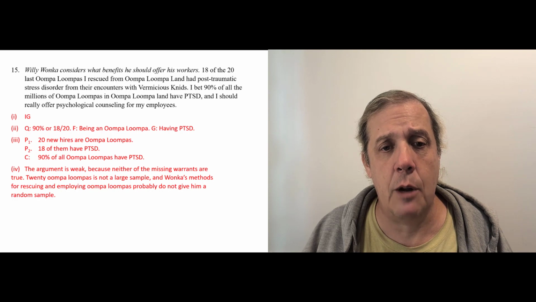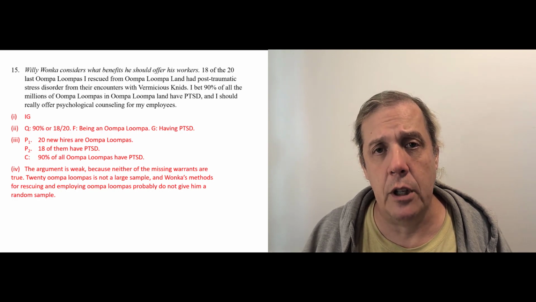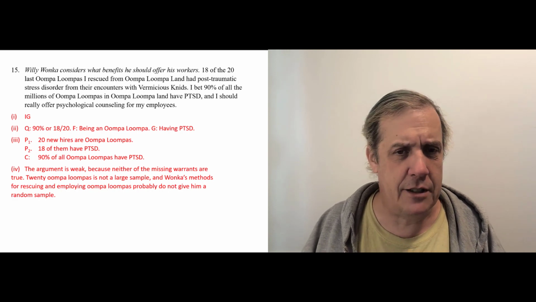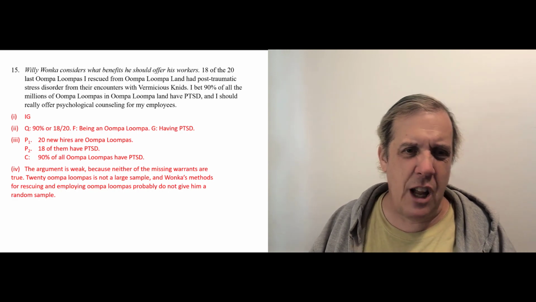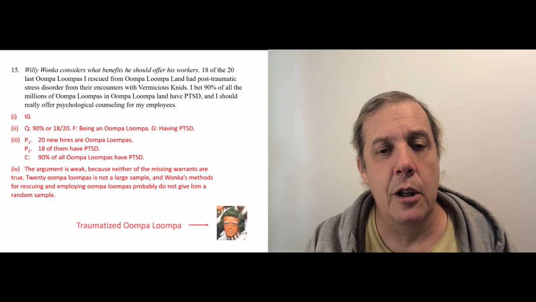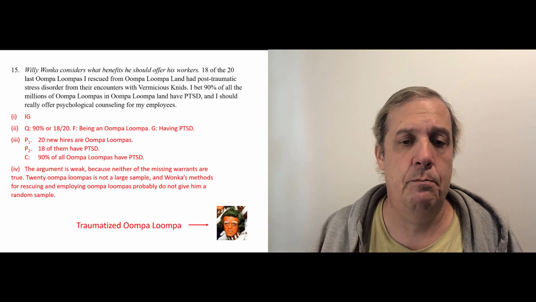Also, the sample is not representative because the sample was not taken randomly. Whatever method Wonka has for rescuing and employing Oompa Loompas, or perhaps kidnapping and enslaving them, probably do not give him a random sample. So the argument is weak, and here's a picture of a traumatized Oompa Loompa.